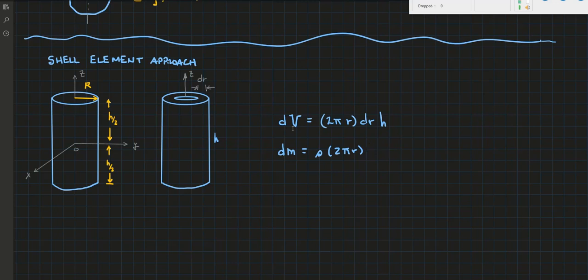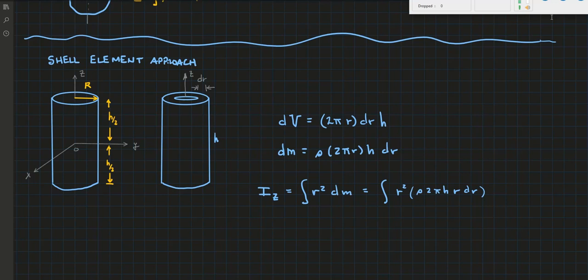Let's put the dr on last, actually: 2 pi rho r h dr. And as we said, the moment of inertia in the z direction is just the integral of r squared dm. So this is going to be this relationship where we replace dm with what we calculated from above.